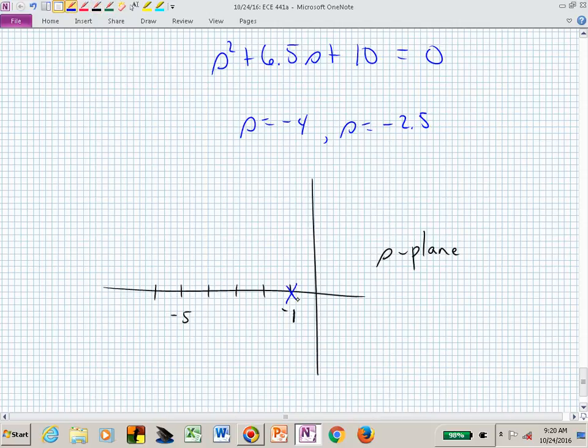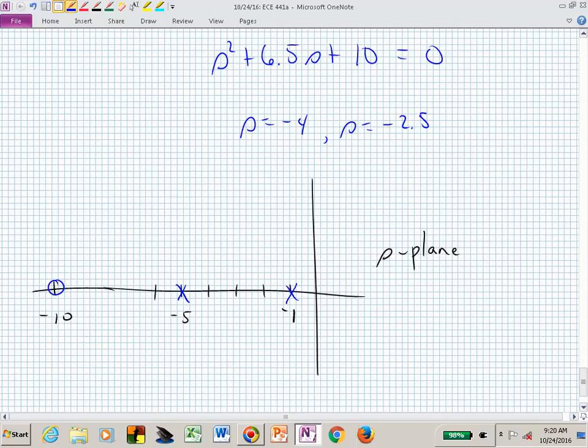We started with a pole at -1 and a pole at -5. And we also had an open loop 0 over there at -10. And that 0 at -10 is going to be important to what this pattern actually looks like, this locus of poles, which we call the root locus.